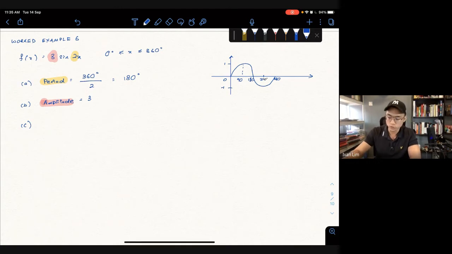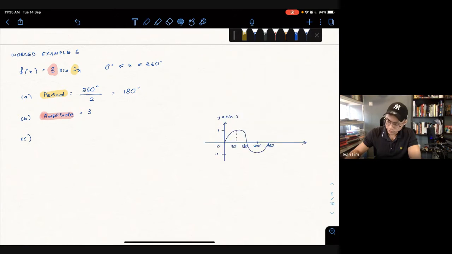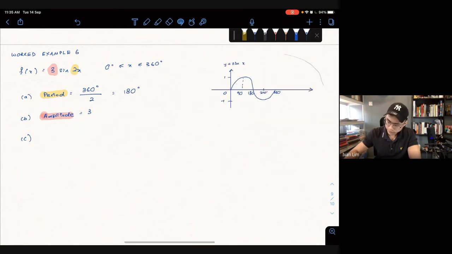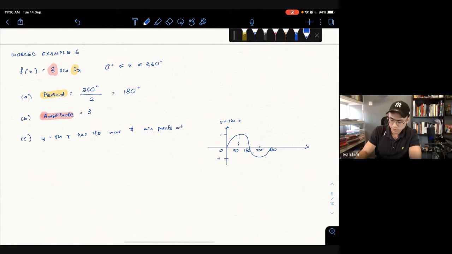You need to know at least this graph, y equals sine x. As you all see in your textbook, they list out the values based on this graph. So y equals sine x has its maximum and minimum points at where?